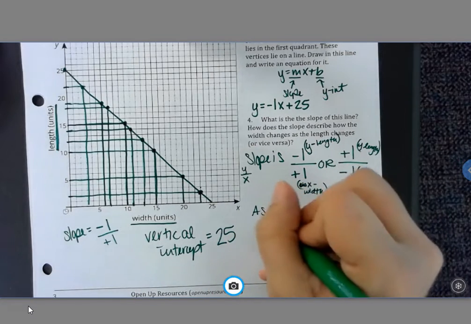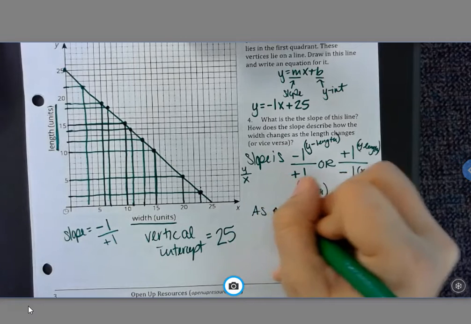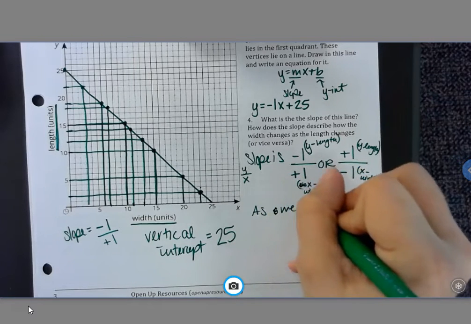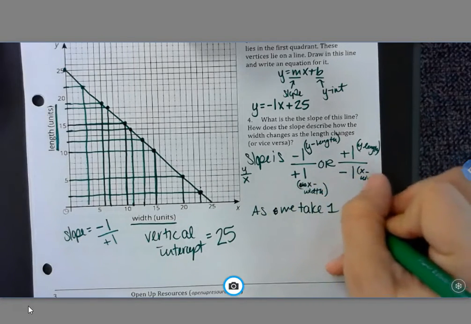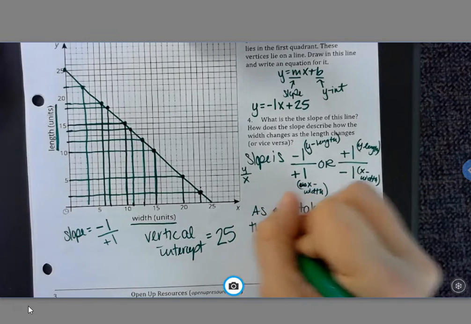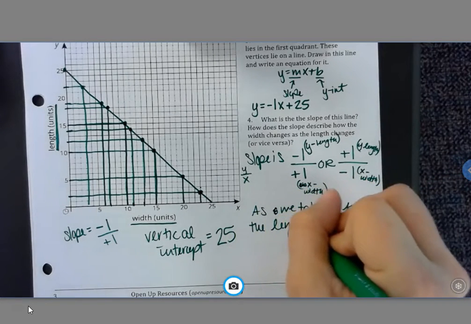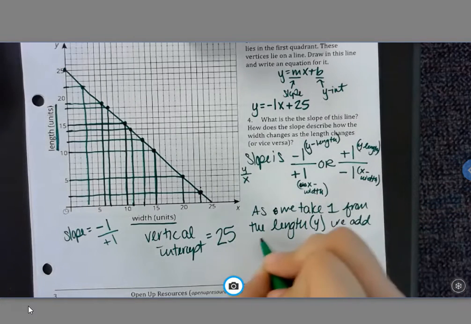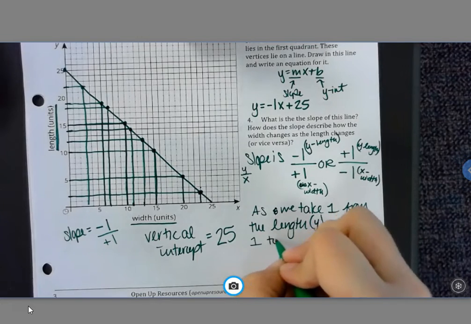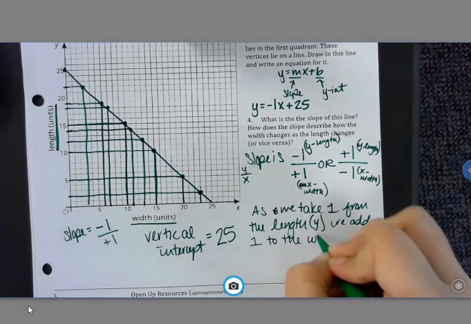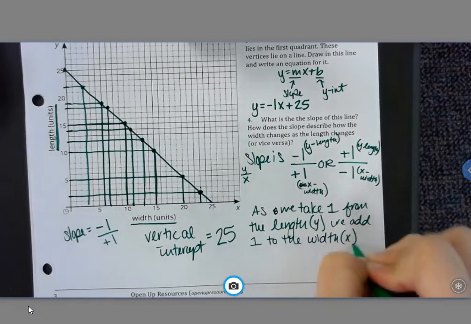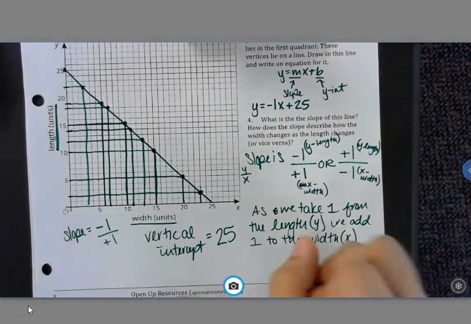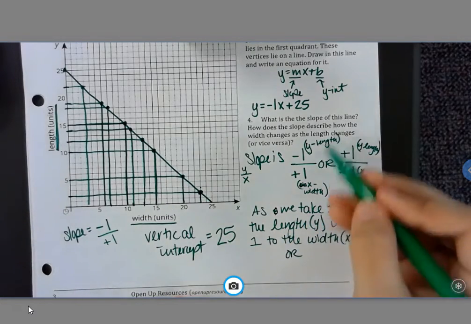As we take 1 from the length, and I'm going to put y, we add 1 to the width, and I'm going to put x. Vice versa, so that's explaining the first one.